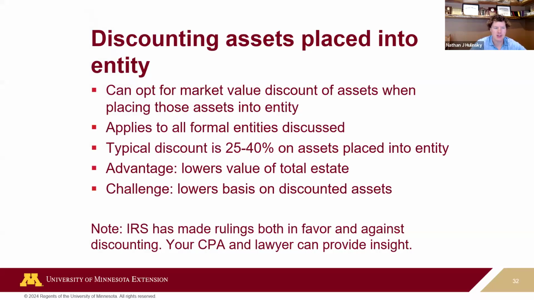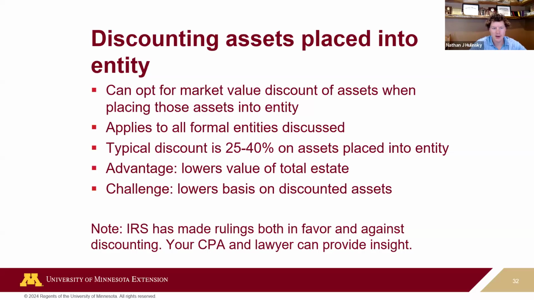Some other benefits of forming these entities, we have these discounts that can be placed. So it is within the bounds of the IRS. This is a legal option where we can discount the value of assets. Okay, so you can opt for the market value discount of assets when placing those into an entity.